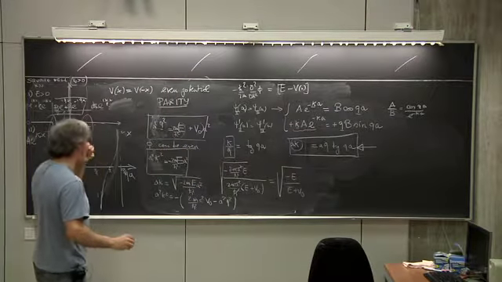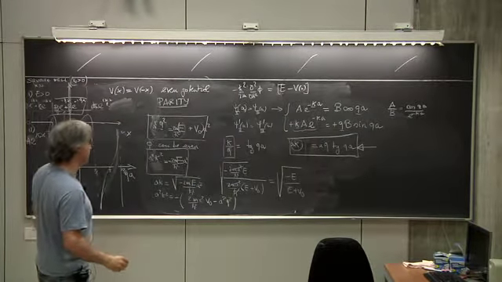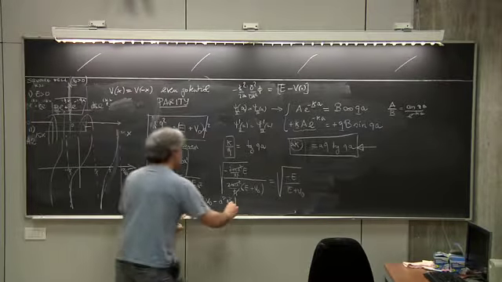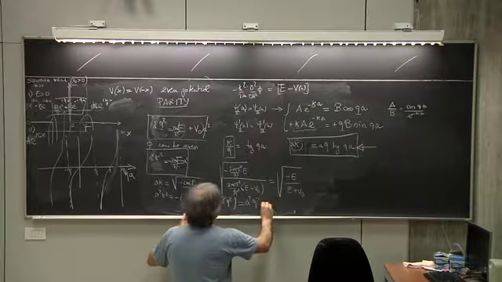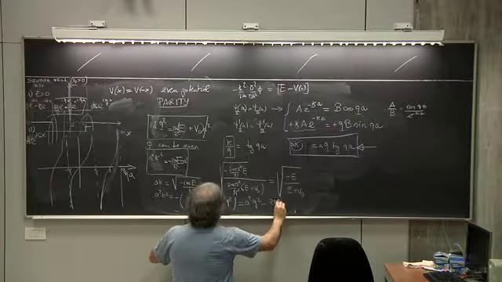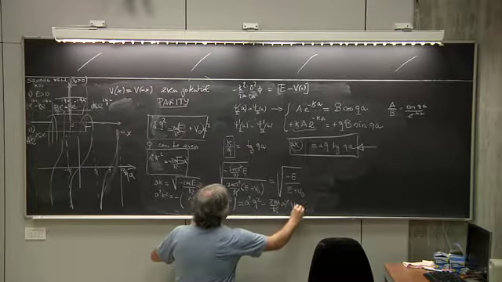Is this right? Roughly. Okay? So this is equal to a square q square minus 2m over h bar square a square v0.